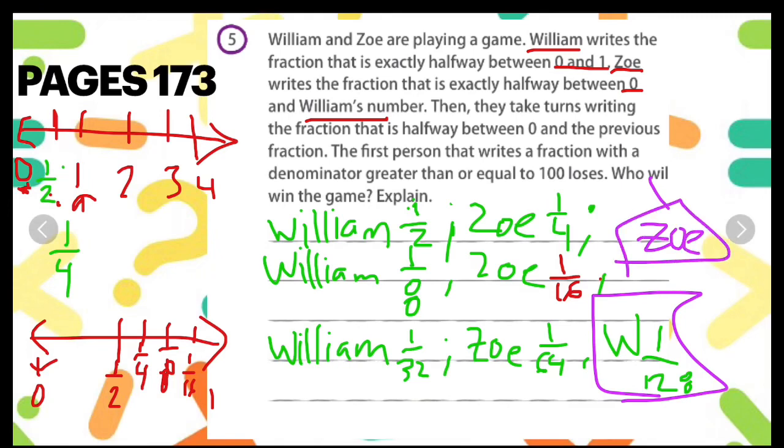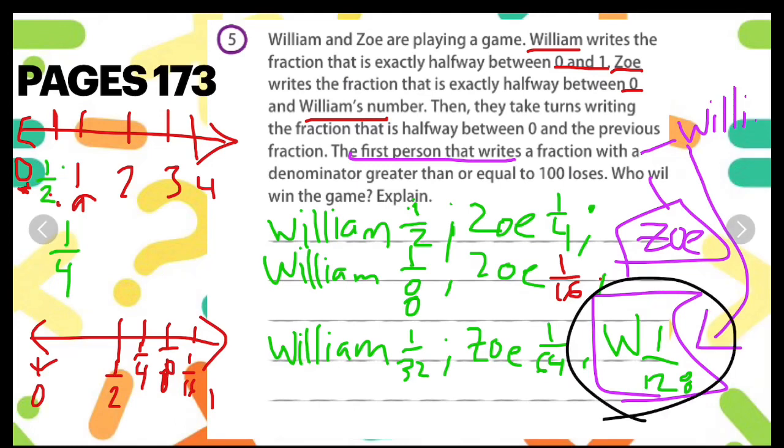But the first, sorry, I got confused. The first person that's going to write the fraction will be William, okay? Because over here, you see that he is the first one, right here, that wrote the first fraction with denominator greater than 100, okay?